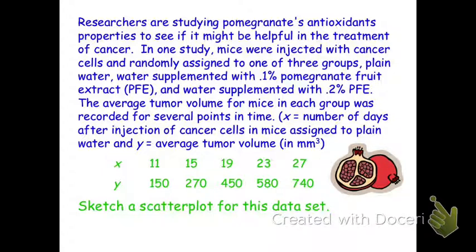One of the groups got plain water. One group was given cancer. I don't know if I personally agree with that, but that's what they did. One group was given 0.1% of the pomegranate supplement, and then the other group was given 0.2% of the pomegranate supplement. Imagine going to work and giving mice cancer.